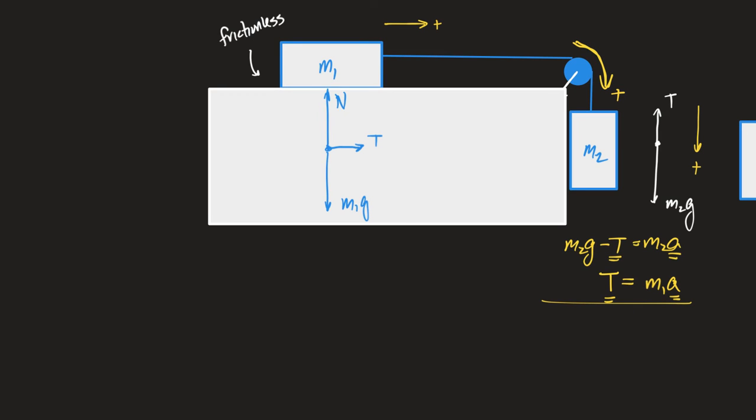You'll notice the two tensions do cancel out when I add these down, and I'm left with M2G equals M1 plus M2 times A. This is the inertia of the system. If you've done these problems right, you should always have an equation at the very end like this, where you see the sum of all of the inertias of the system. That's how you know you've done this right.